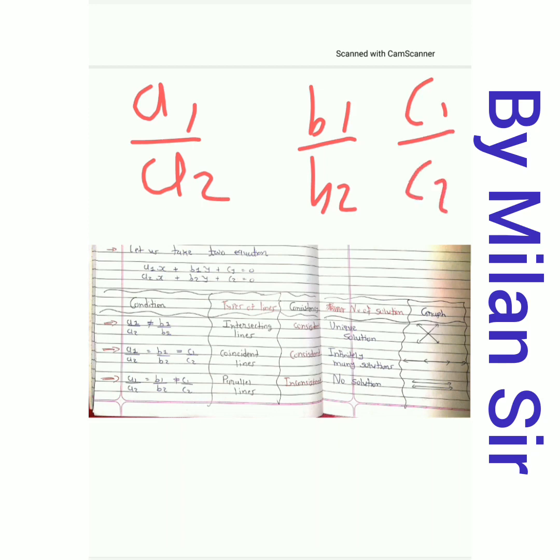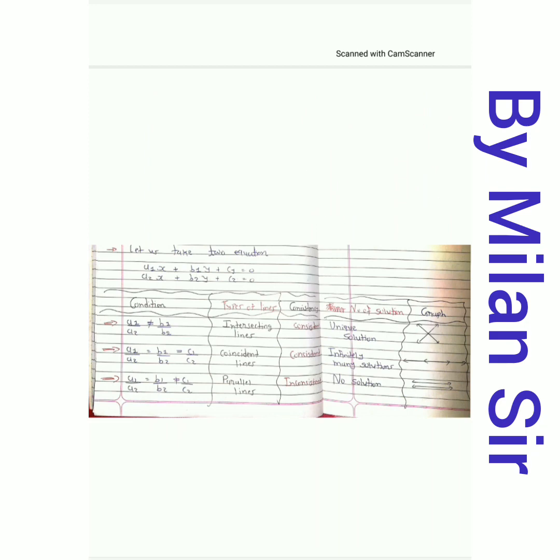From these three ratios we can say something about the solution of the equations and also the graph of the equations. So if a1 upon a2 is not equal to b1 upon b2, then the type of lines, that means the graph of these two linear equations, is intersecting lines.